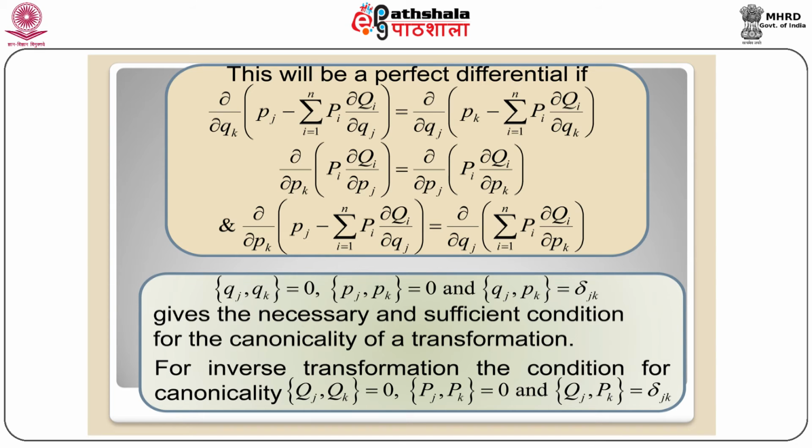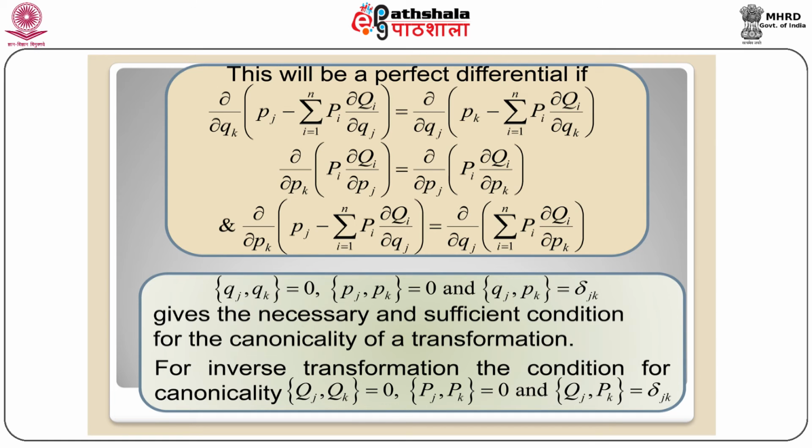Therefore, the above conditions can easily be shown to reduce, in terms of Poisson bracket, as Poisson bracket of small q_j with small q_k equal to 0, Poisson bracket of small p_j small p_k equal to 0, Poisson bracket of small q_j small p_k equal to Kronecker delta jk.